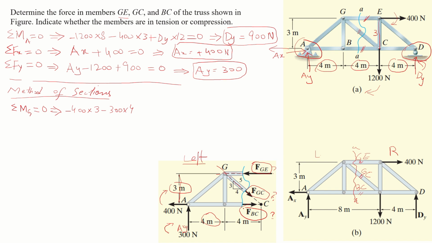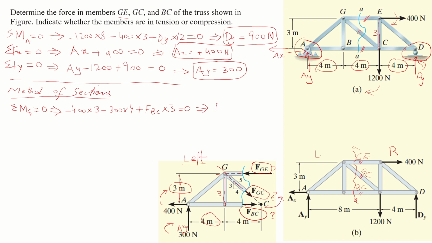and FBC has a perpendicular distance of 3 meter and it will rotate the truss in anti-clockwise direction, so it will be with positive sign, FBC multiplied by 3 is equal to 0.